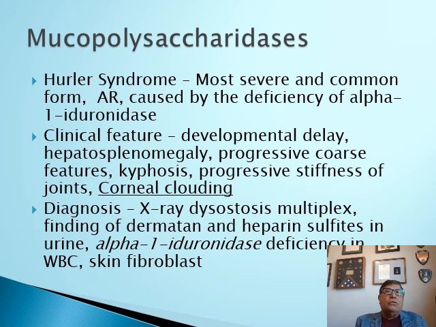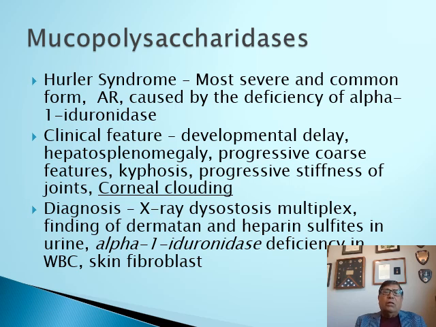The older name is gargoylism, which is not used anymore, but Hurler syndrome, again, is the most severe and most common form and is transmitted as autosomal recessive and caused by the deficiency of the enzyme alpha-L-iduronidase.